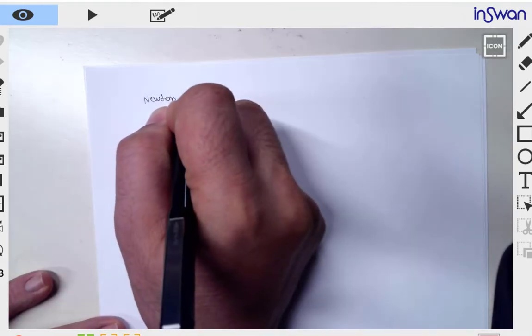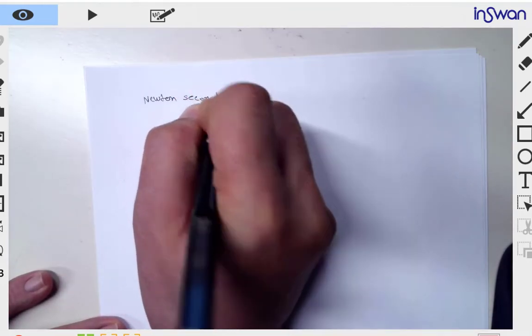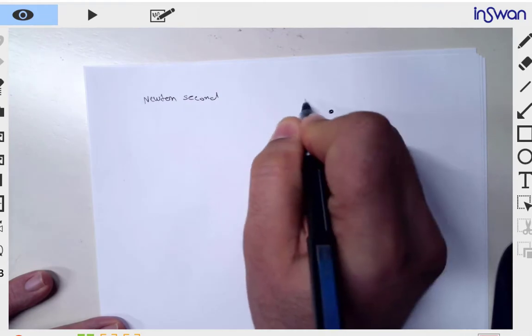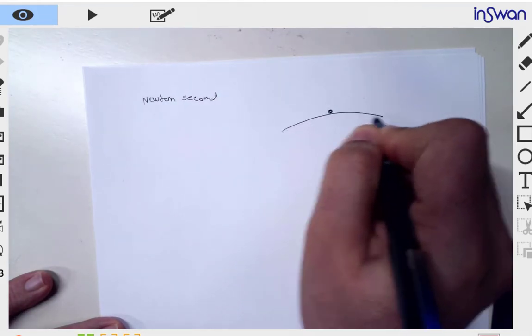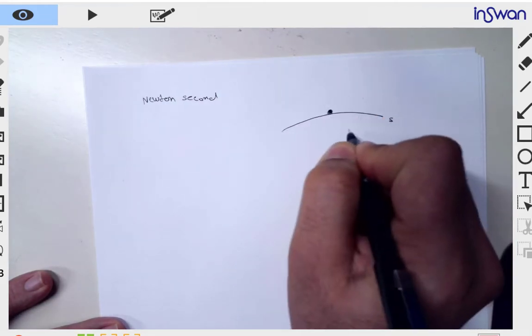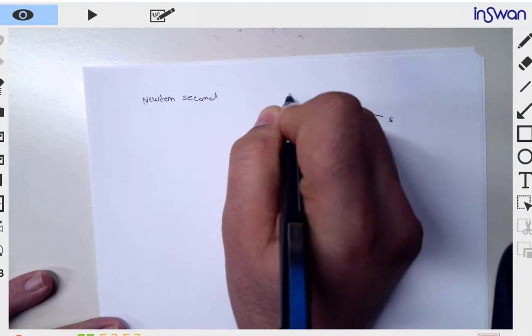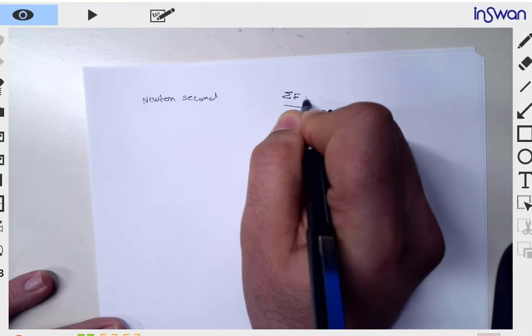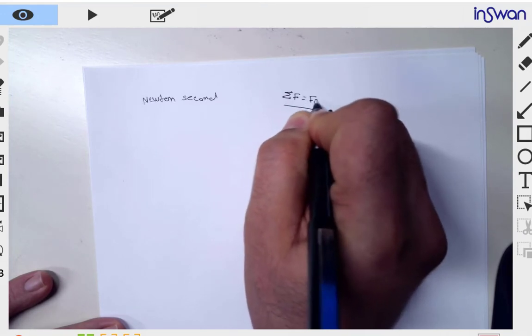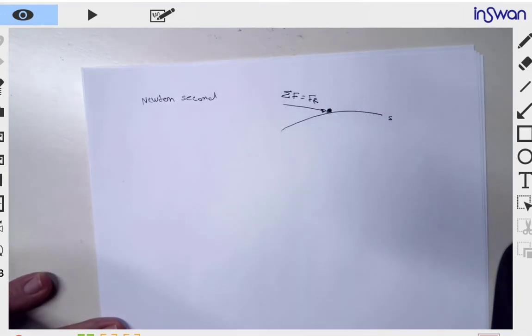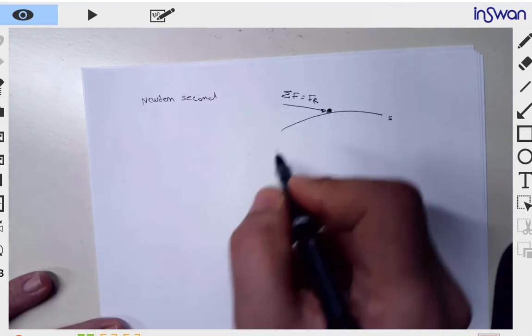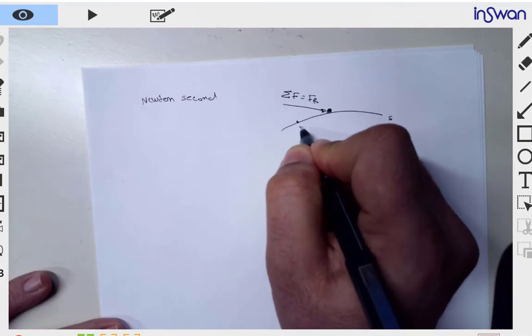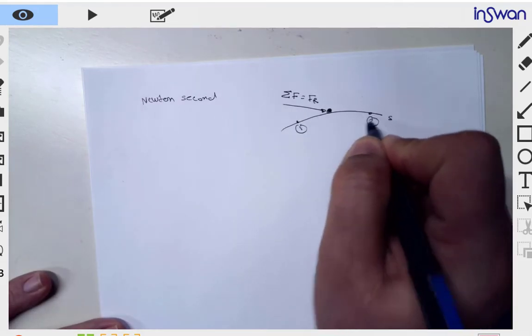Newton's second law: if you have a particle along a path S, and you have here the summation of forces, which is equal to a resultant force, causing this particle to go from state 1 to another state 2.